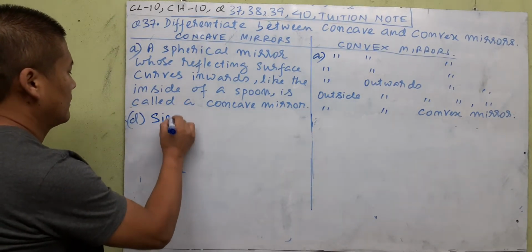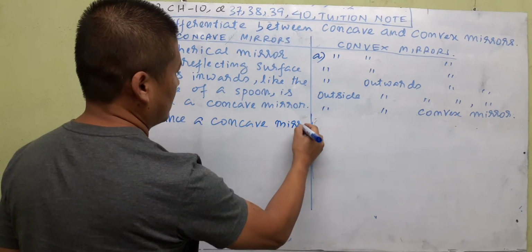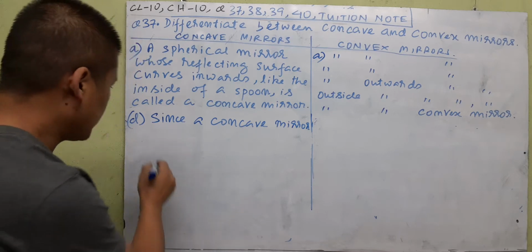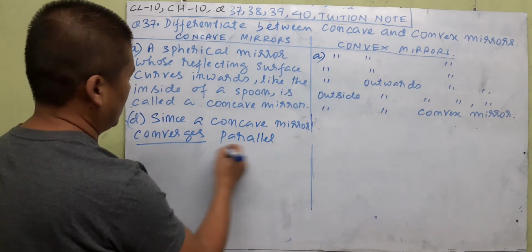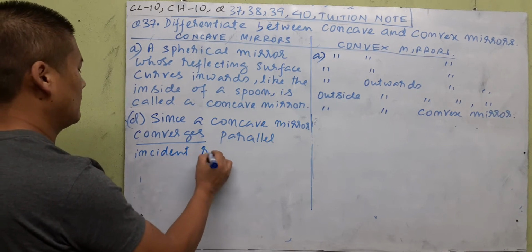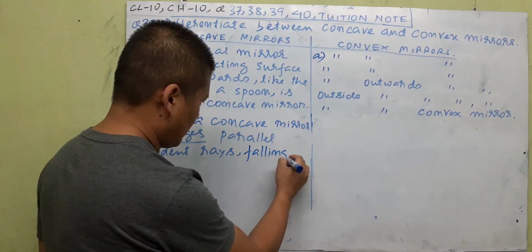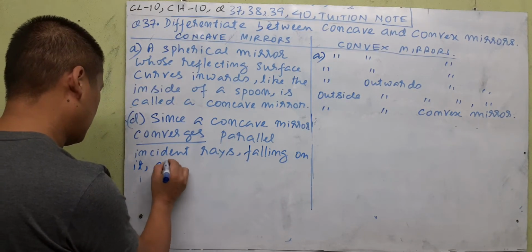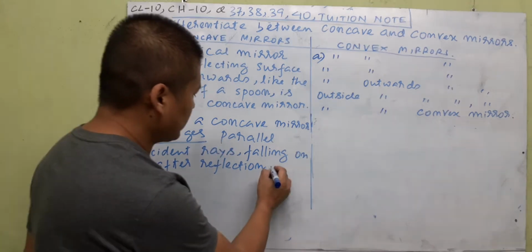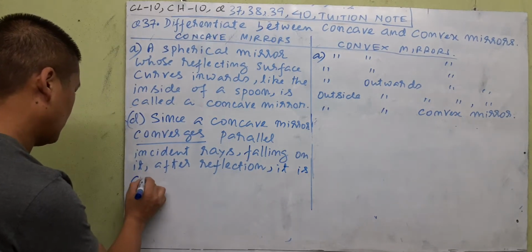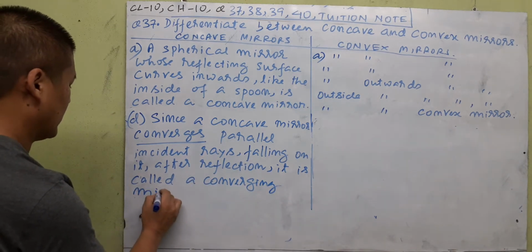Since a concave mirror converges, underline that word, converges, parallel incident rays falling on it after reflection, it is called a converging mirror. It is called a converging mirror.